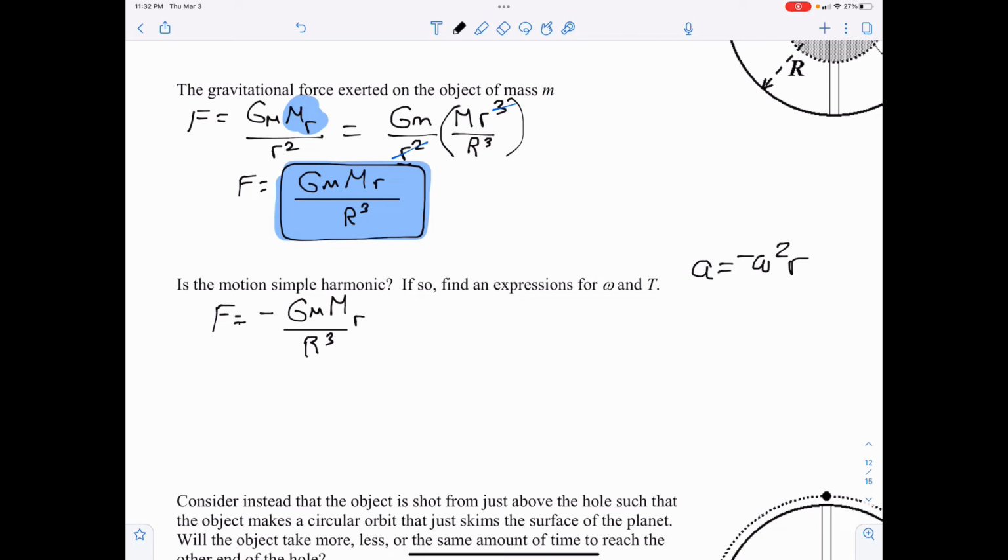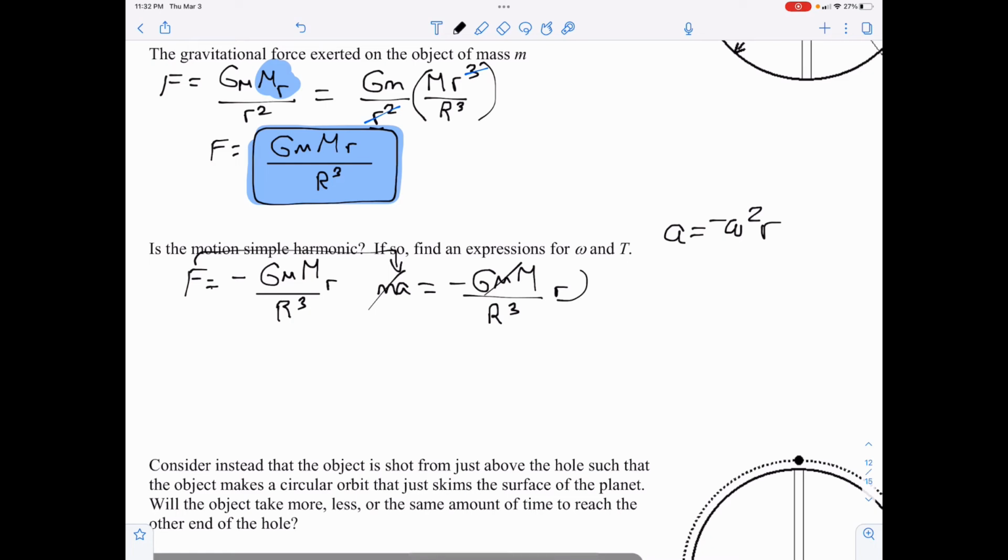So this is going to be ma equals negative big G, little m, big M over big R cubed, little r. You can see that little m is going to cancel, and I've got little r over here already. And let's see what we get from here. We have a, the acceleration, equal to negative big G M over big R cubed, and then times r.